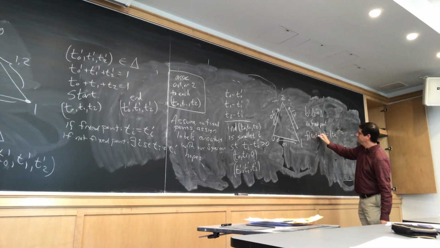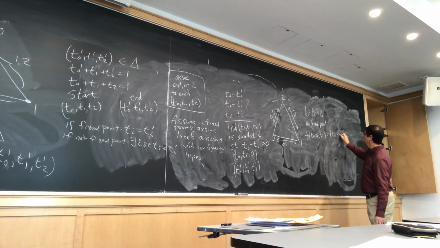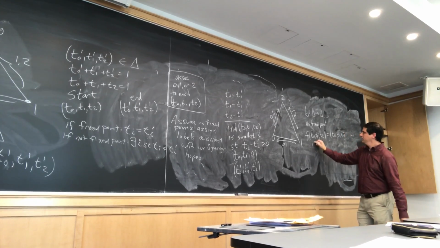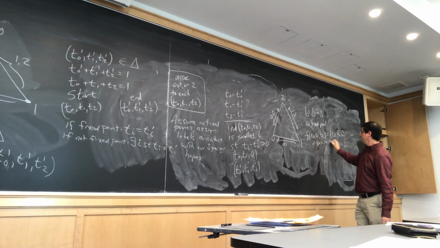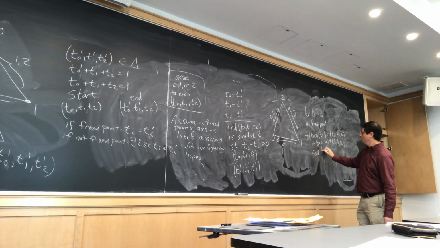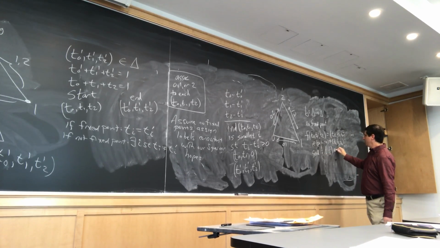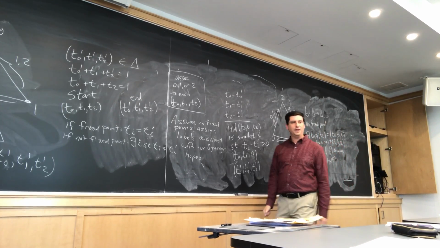So hard to remember to count with 0. t0, t1, t2, to t1, t2, t0, if t0, t1, t2 is not 1/3, 1/3, 1/3. And then send 1/3, 1/3, 1/3 anywhere but itself. So as long as you don't send 1/3, 1/3, 1/3 to itself, you'll be fine.